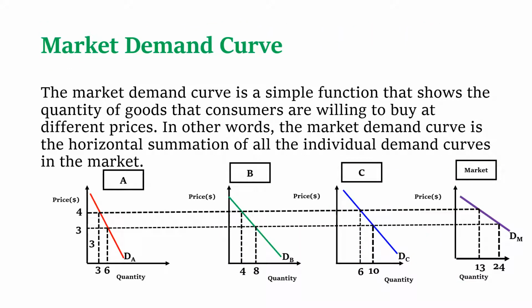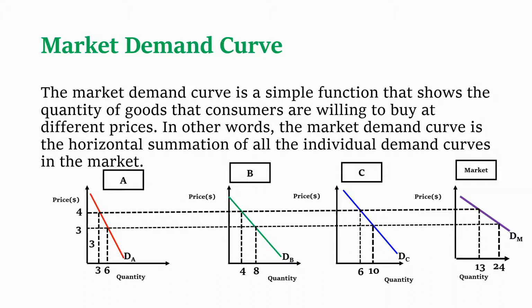Now let's look at the market demand curve here. What is the market demand curve? The market demand curve is just the horizontal summation of all the individual demand curves, all of the consumers in the market, right?